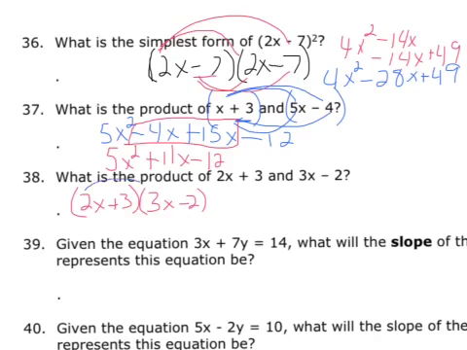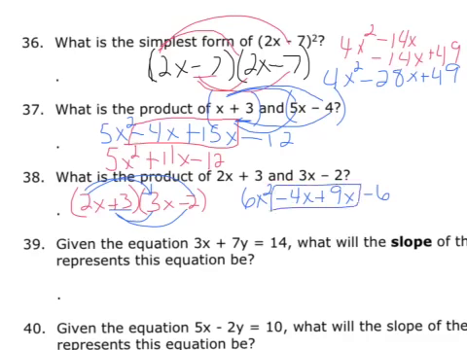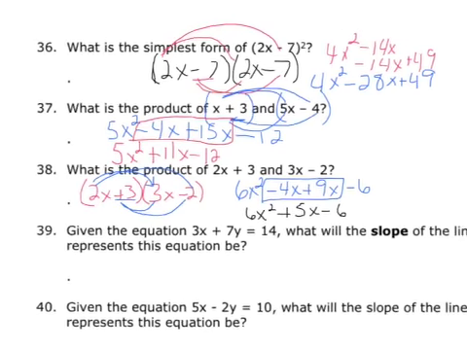So 2x times 3x gives me 6x squared. 2x times negative 2 is minus 4x. 3 times 3x gives me 9x. And 3 times negative 2 is negative 6. I'll combine the like terms here, so negative 4x and 9x, and that leaves me with 6x squared plus 5x minus 6.